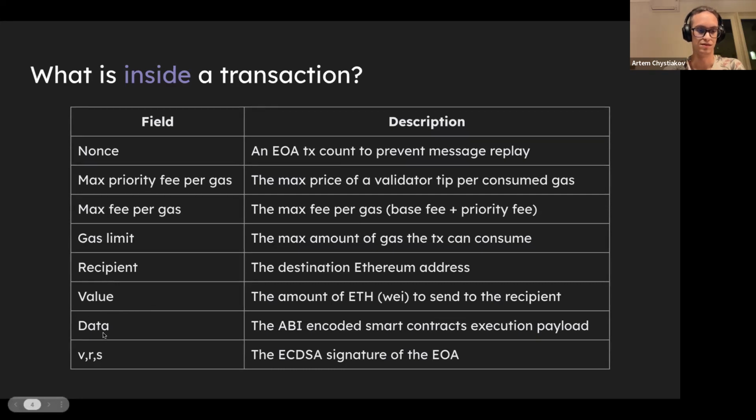And the data field, which is this execution payload, usually it is encoded when you're interacting with the smart contract, or it can be the actual bytecode of the smart contract if you're deploying it.